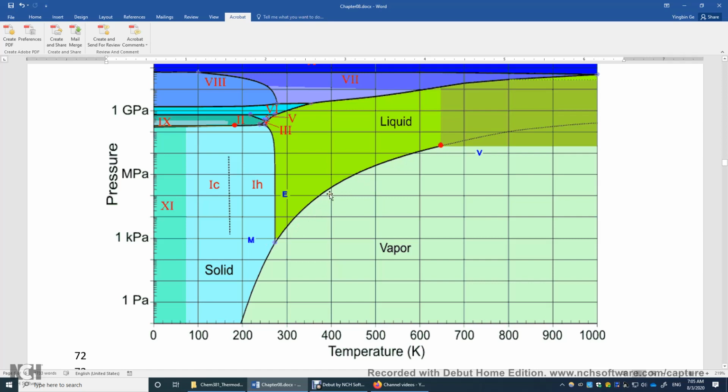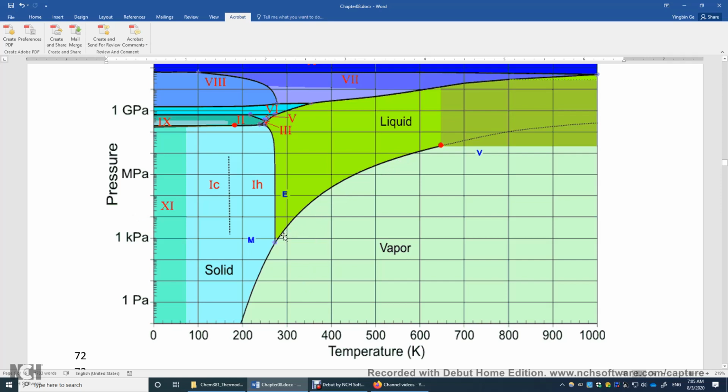Along this line, you have 2 phases coexist. So the number of degrees of freedom is 3 minus 2, that's 1. You have 1 degree of freedom. Yeah, it's true. At least one of the 2 variables, P and T, can change. However, the other variable does depend on the first variable you choose.